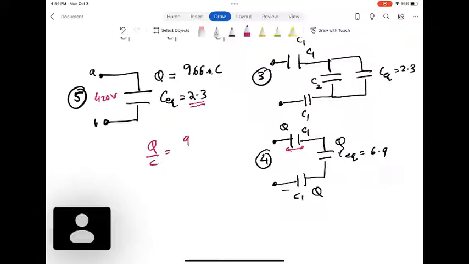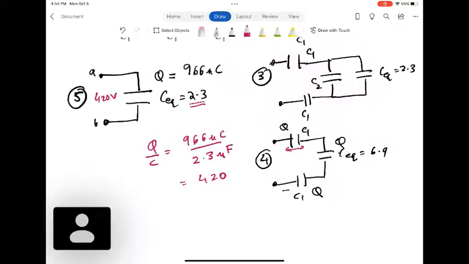So that's going to be 966 microcoulombs divided by 2.3 microfarad. So 966 divided by 2.3 is 420. Did I do that correctly?